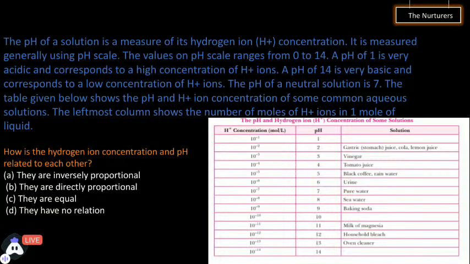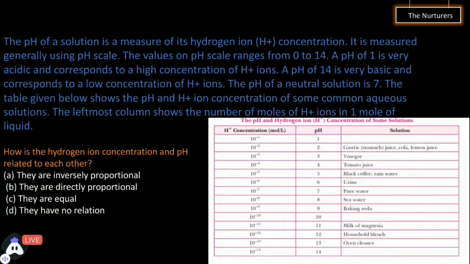A pH of 1 is very acidic and corresponds to a high concentration of H positive ions. A pH of 14 is very basic and corresponds to a low concentration of H positive ions. The pH of the neutral solution is 7. The table given below shows the pH and H positive ion concentration of some common aqueous solutions.